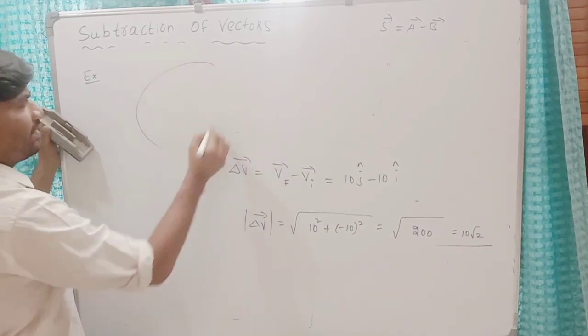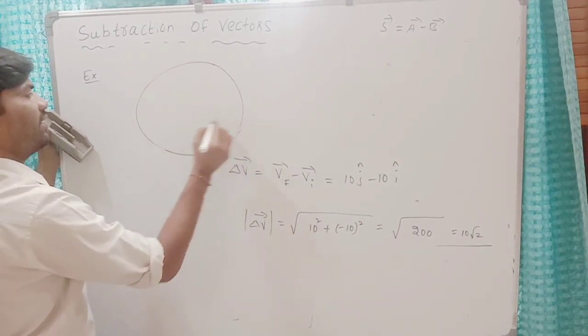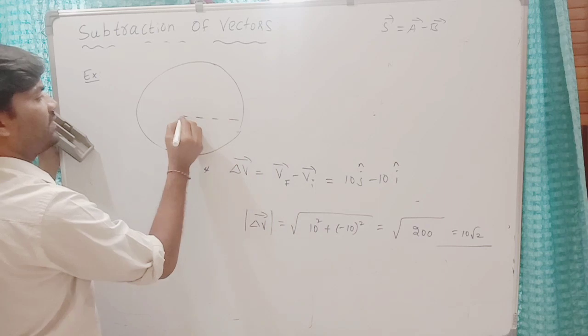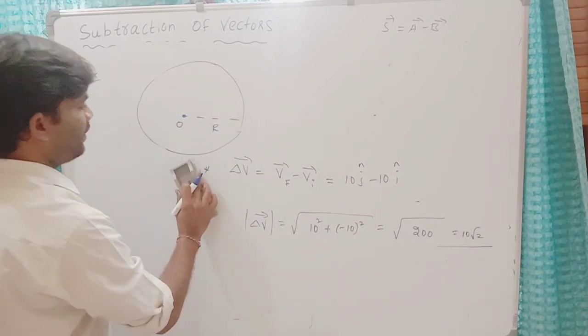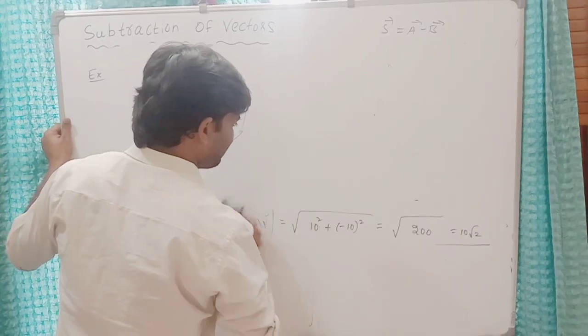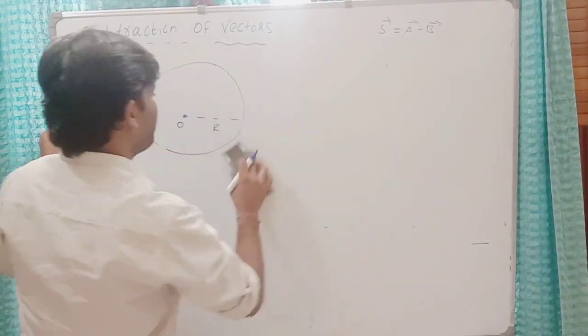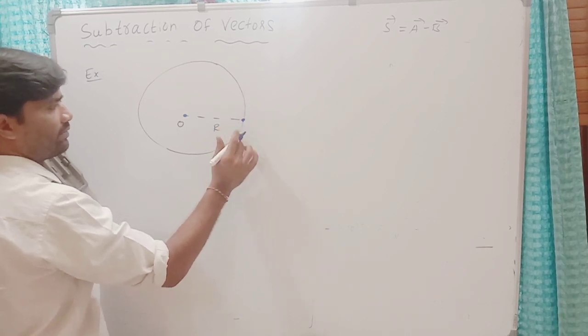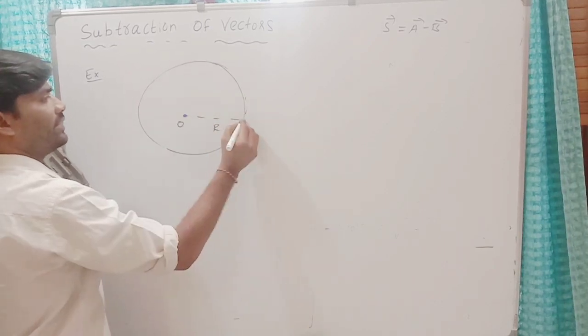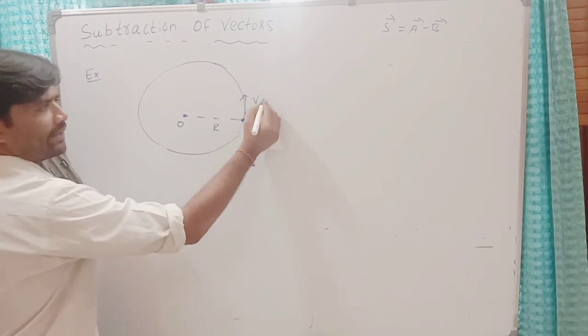Now, for example, there is a circle of radius r, and this is the center of the circle. A particle is revolving along the circumference of the circle with the speed v, constant speed.